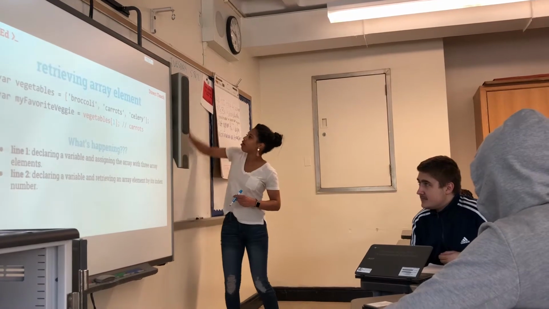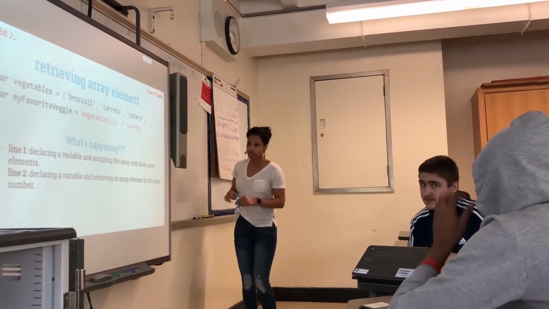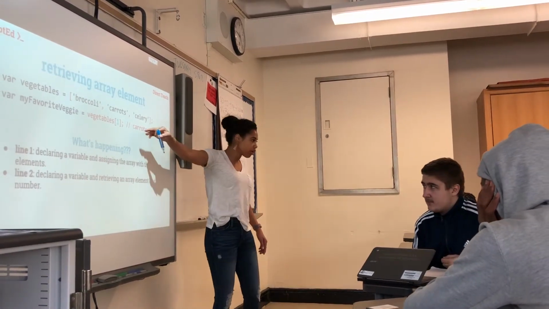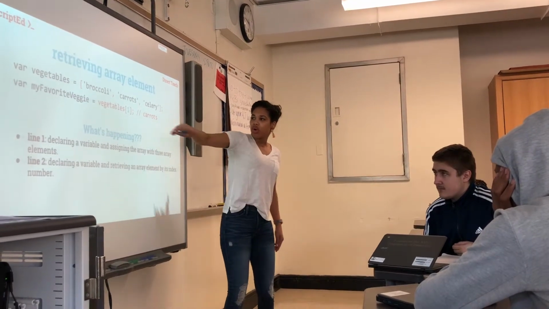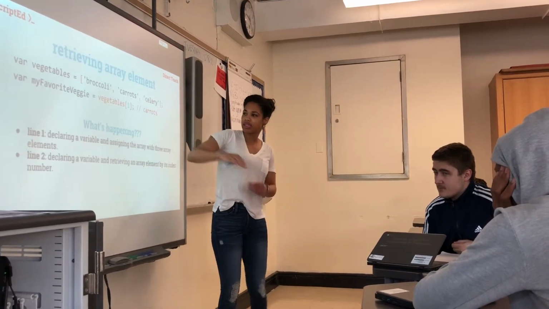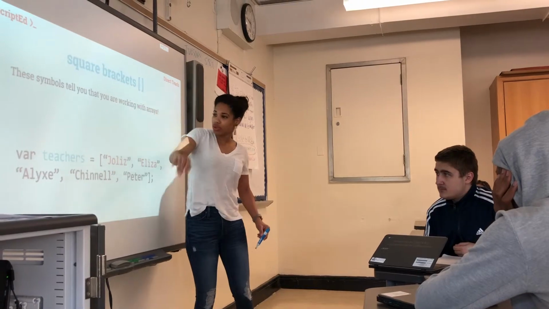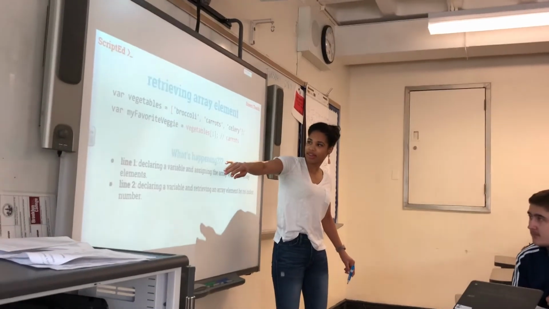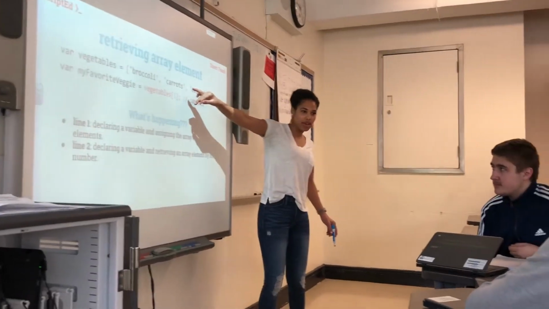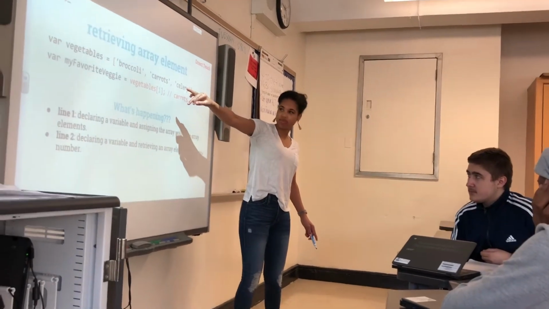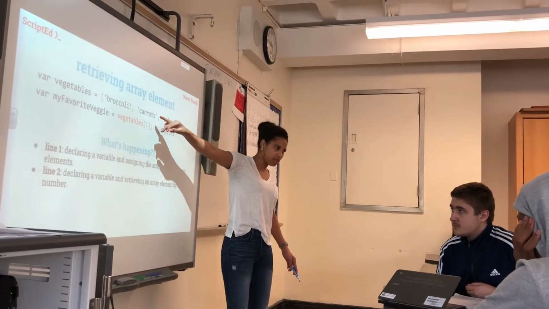Now we understand it in our minds, but we need to make sure we understand how to write it in code. So to get to carrots, what's the index of carrots?